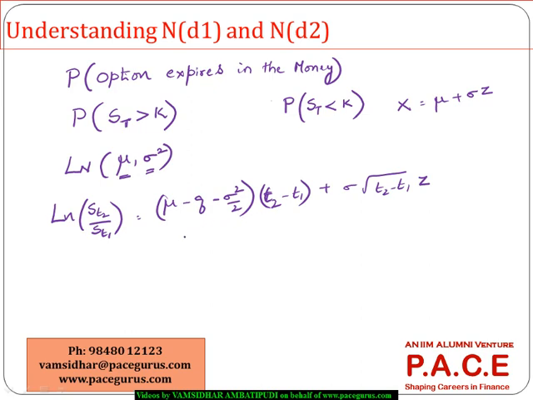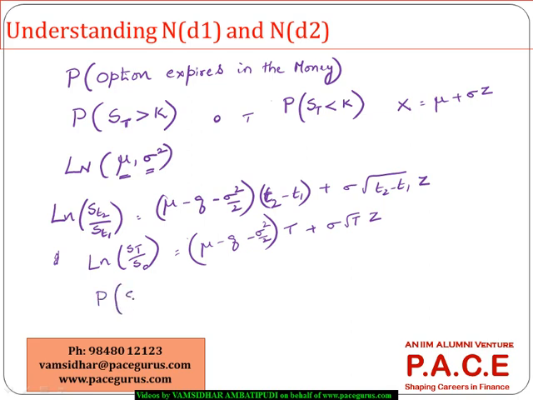Now, with this logic, if I talk about the same thing between 0 and t, I can very well write log of st by s0 as mu minus q minus sigma squared by 2 times t plus sigma root t times z. Now I require the probability that st is greater than k in case of call.